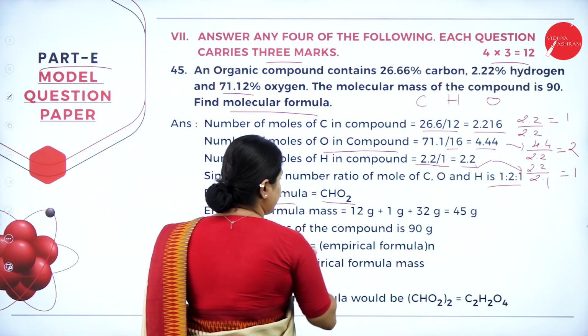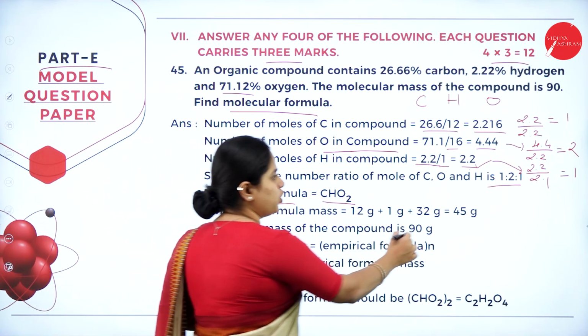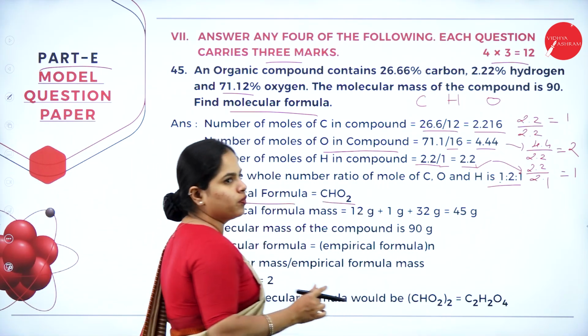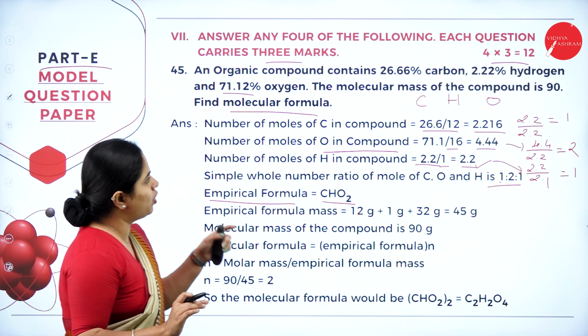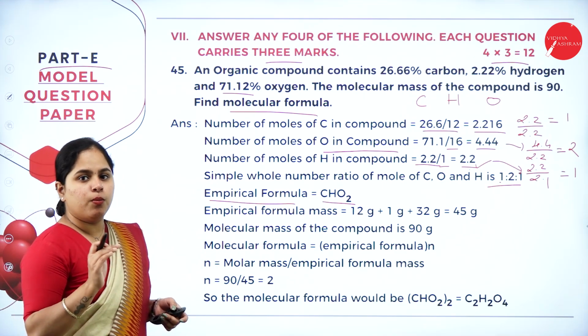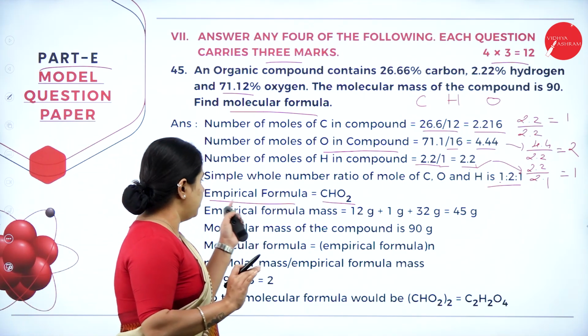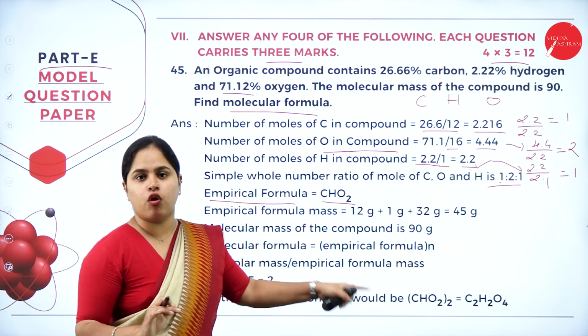So you can write it as CHO2. This is the empirical formula. This is the first part. Now, what you have to do? Molecular mass is already given here. We know the empirical formula also, so you can calculate the empirical formula mass.